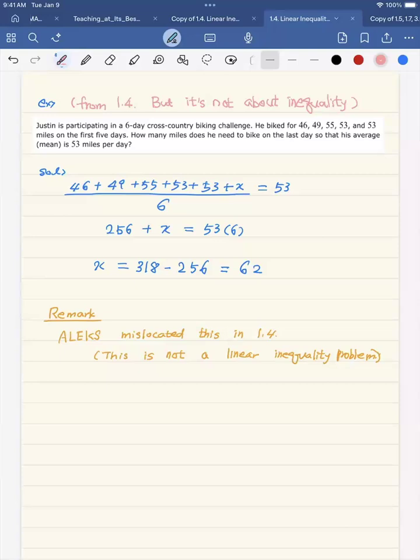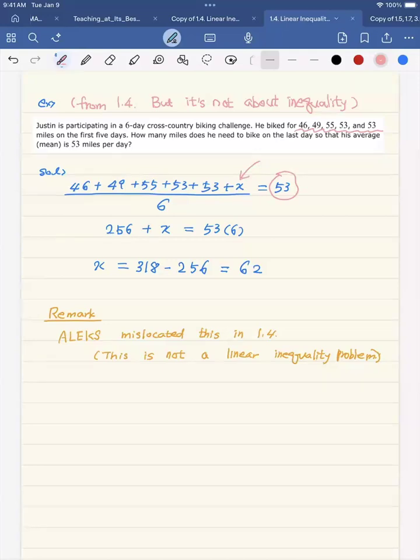In this problem, they're talking about the average. The average becomes 53. To calculate the average, we have to add all the numbers in the data. So we listed all the numbers, and what they are saying is there is one unknown number in the data, so we represent that number with x.